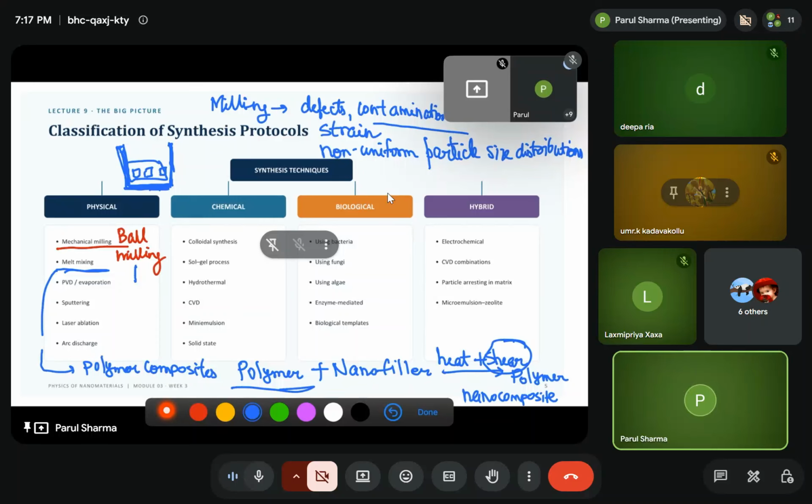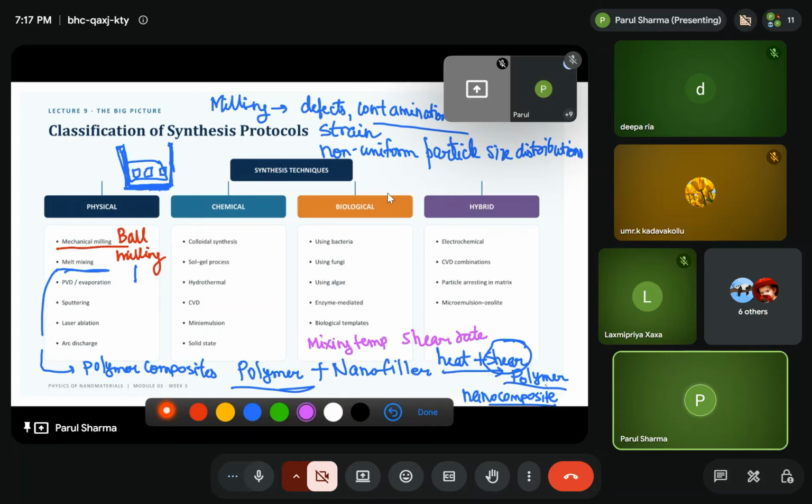During melt mixing, mechanical shear acts on the agglomerates and prevents agglomeration. The quality of our final polymer nanocomposite will depend on the mixing temperature, mixing time, shear rate, also the viscosity of the polymer, and the interaction between nanoparticle and polymer.